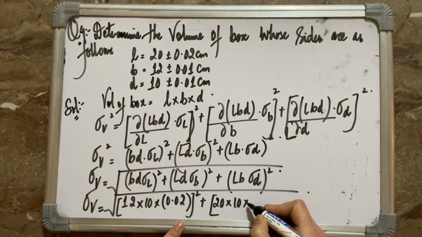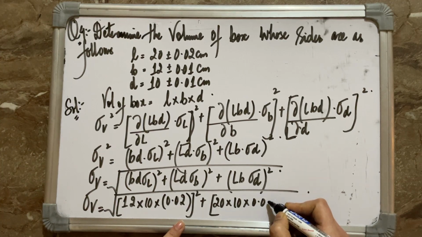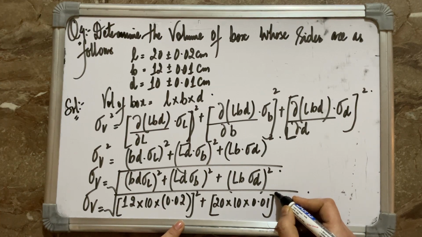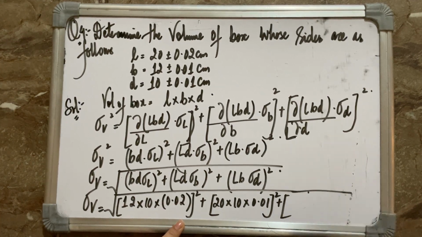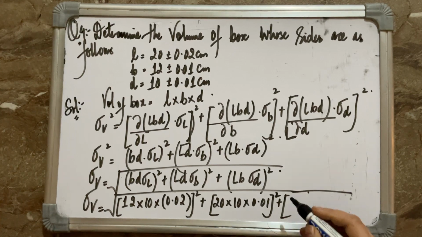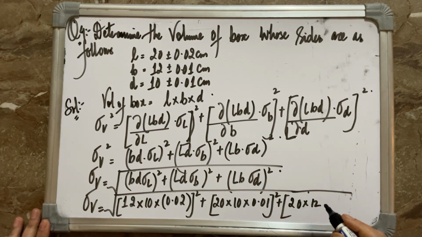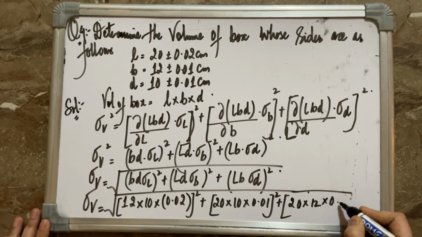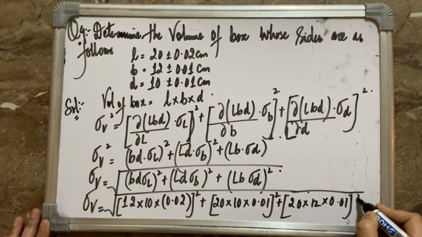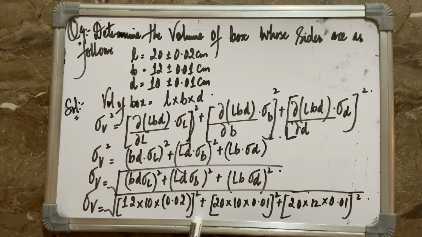Sigma B, how much? 0.01, square of it, plus L, which is 20, B, which is 12, and sigma D, which is 0.01, square of it.